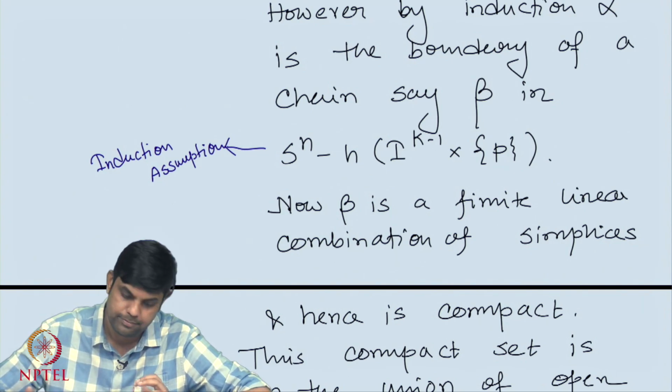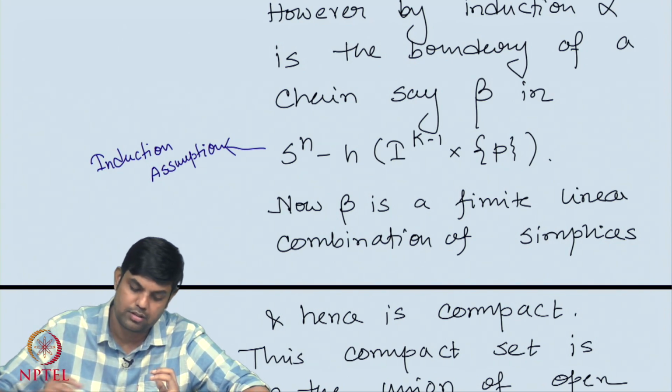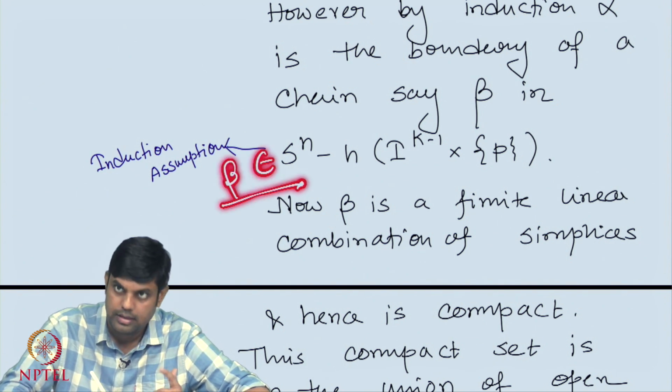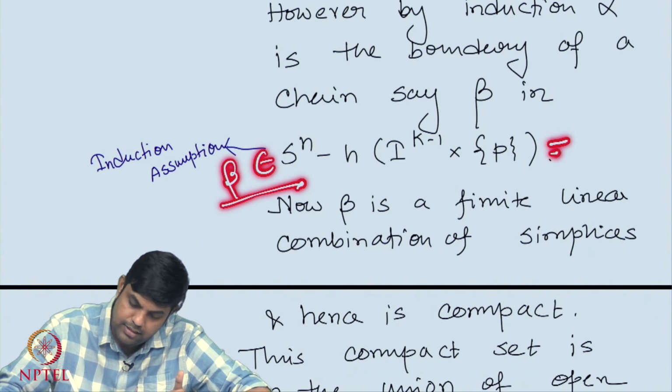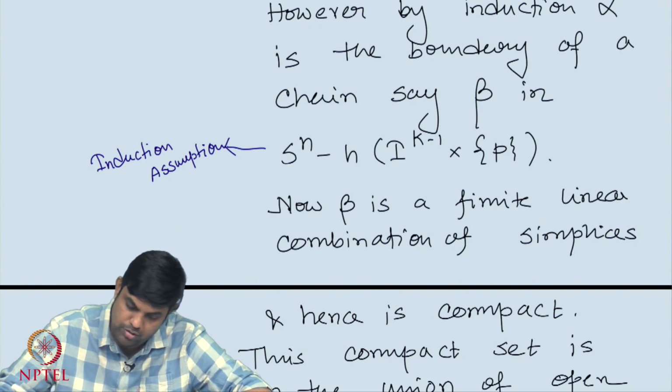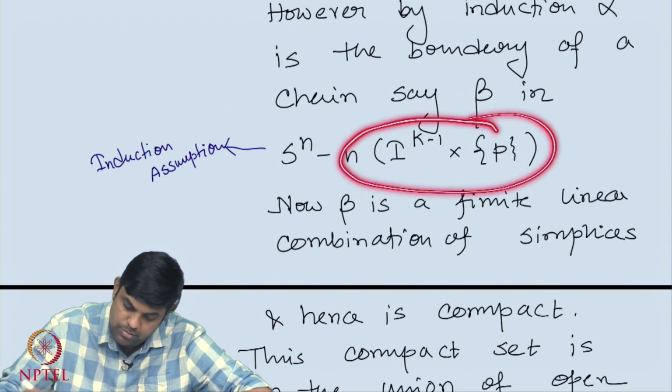Now, what happens to this compact set beta? Beta is in the union of all of these objects. Let me write it down.